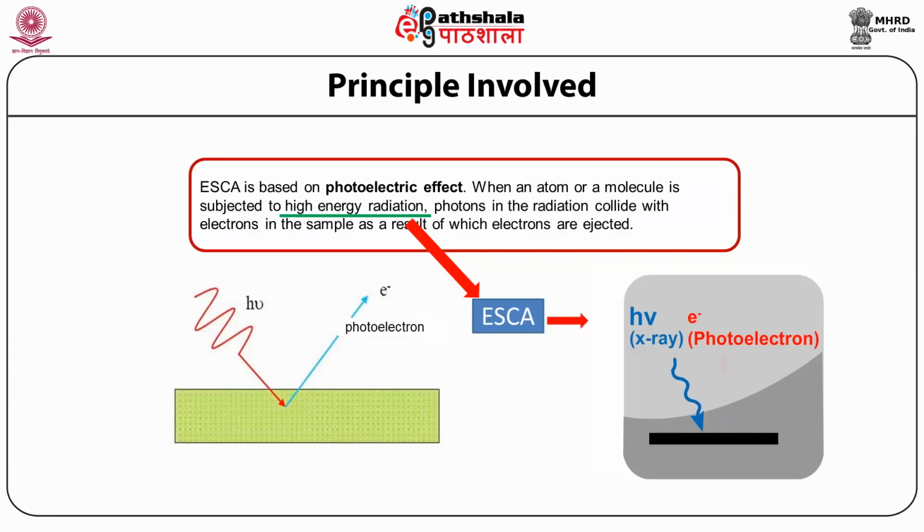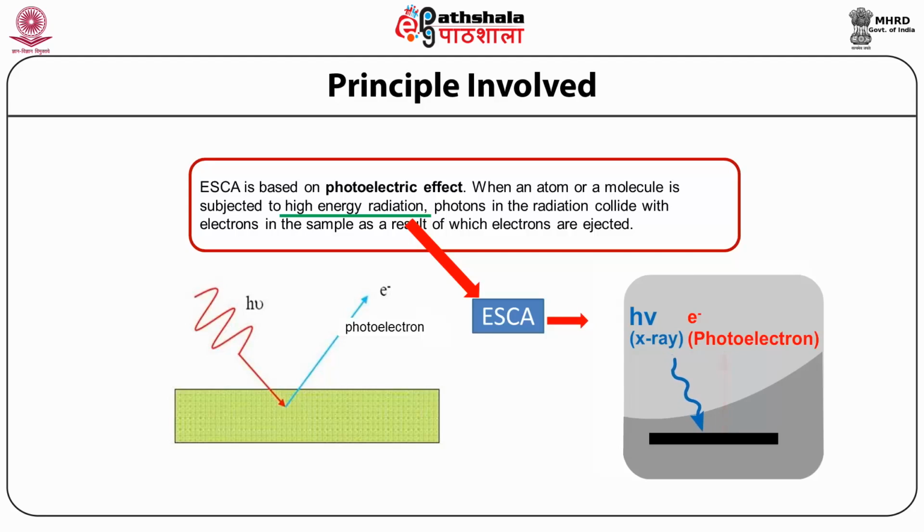The principle involved in this spectroscopic analysis, as we have said earlier, is that ESCA is based on the photoelectric effect. When an atom or a molecule is subject to high energy radiation, photons in the radiation collide with the electrons in the sample, as a result of which electrons are ejected out.